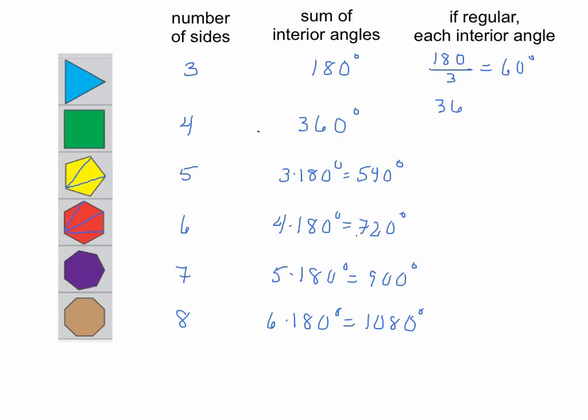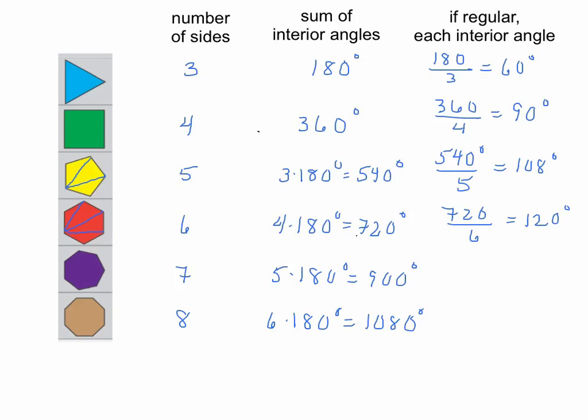So 360 divided by 4 gives us 90 degrees. For a pentagon, we'll take 540 degrees and divide by 5, and that gives us 108. And for a 6-sided shape, we'll take 720 and divide by 6, and get 120 degrees.